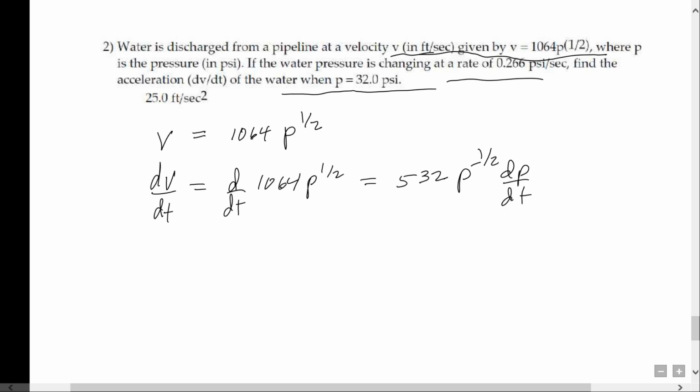In other words, we're taking the derivative with respect to t of this function, and all we see is a p. So we take the derivative with respect to p and then multiply by dp dt.